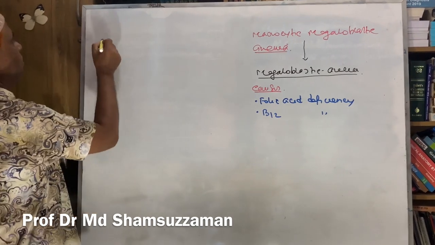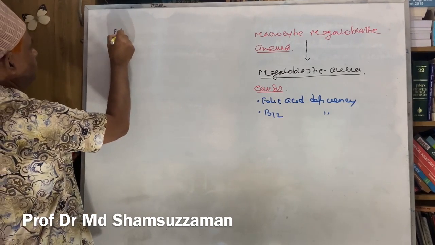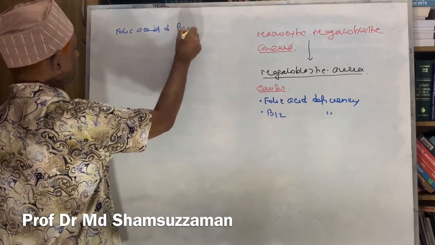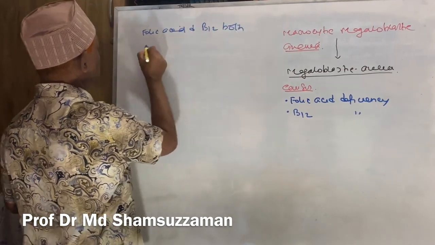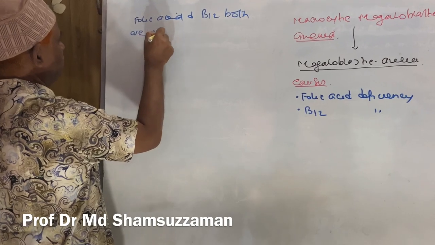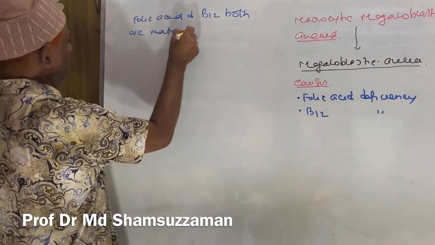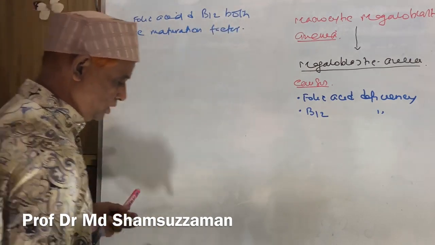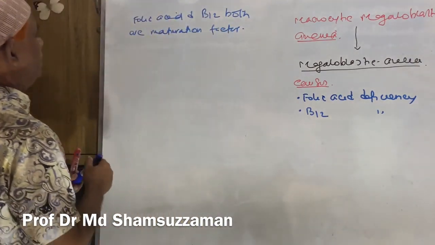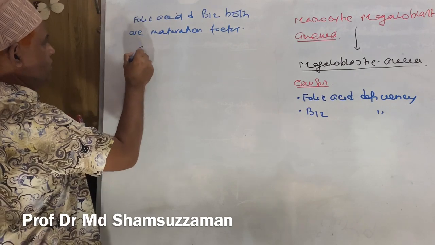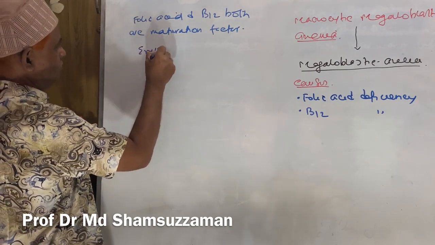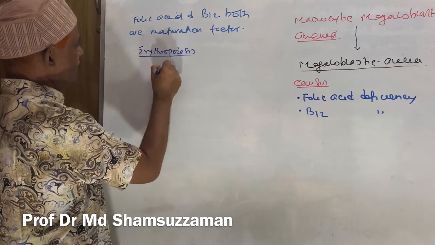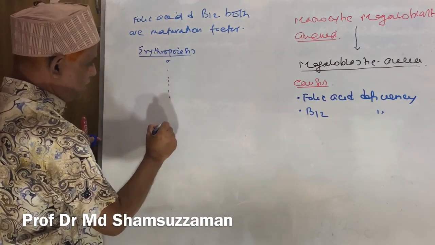You know, folic acid and vitamin B12 both are maturation factors. Dear audience, during erythropoiesis, we get a lot of stages, ultimately the mature RBC.